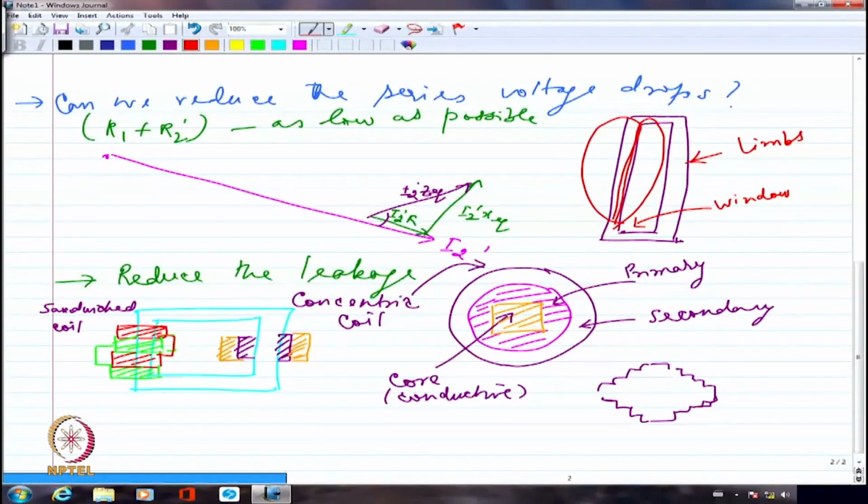The window is generally made thinner and longer. That essentially makes the length of the air gap path really increase. If the length increases, we said l by mu A is the overall reluctance, so the reluctance is going to increase further and further.